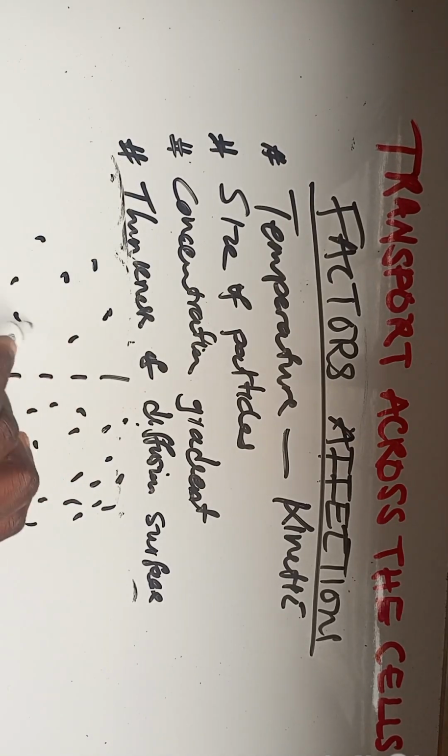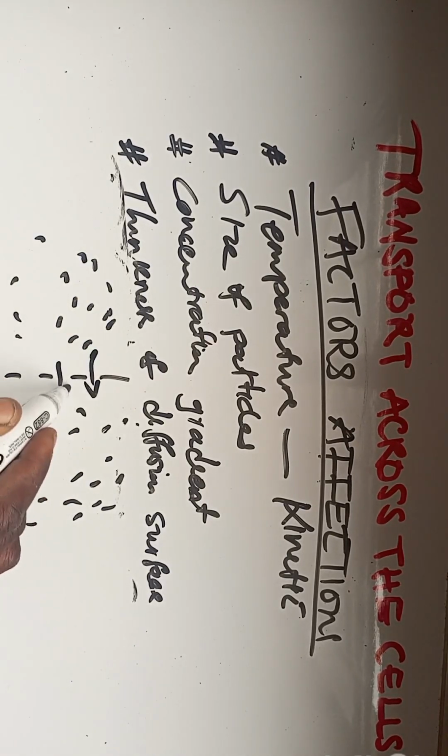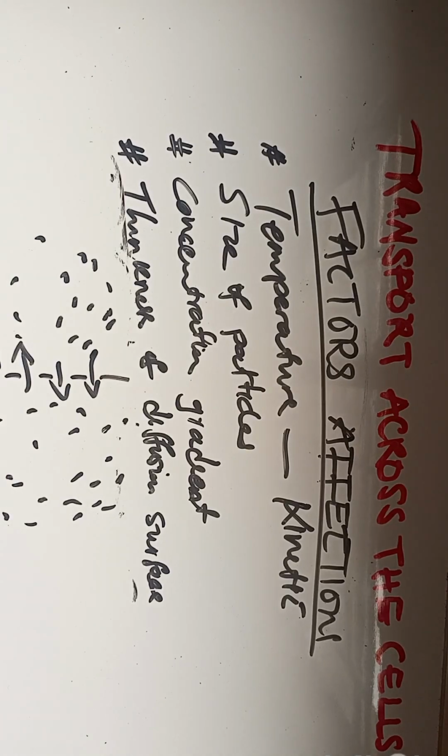Also here they are concentrated. So here you find that these particles try to move in this direction and that direction. But for these particles to move from here to come here, because also here the same particles are concentrated, meaning diffusion here will be low because both sides have a high concentration.